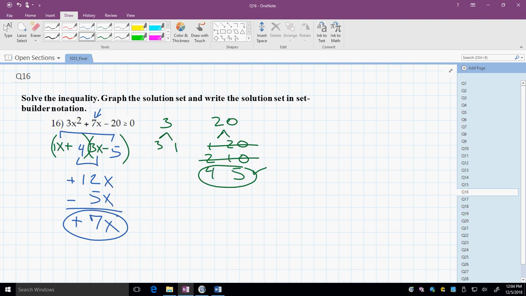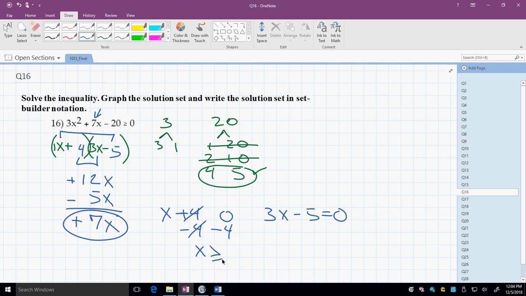Now we're going to take each parenthesis and set it equal to 0, and we're going to solve. Negative 4, cancel. x is equal to, well, we have to keep using the same inequality symbol.